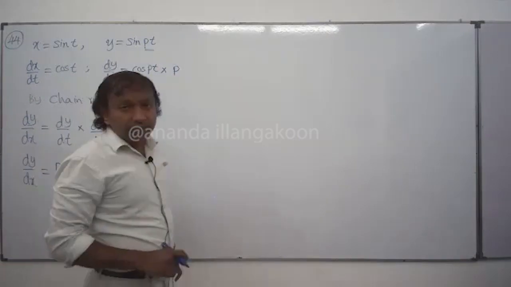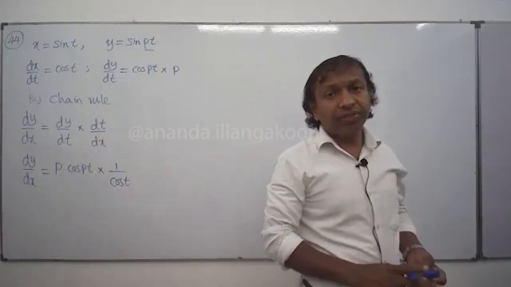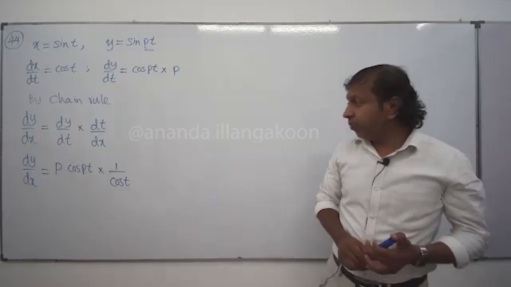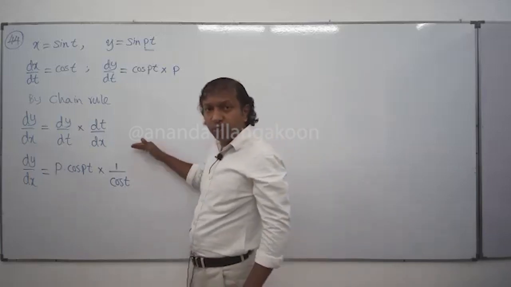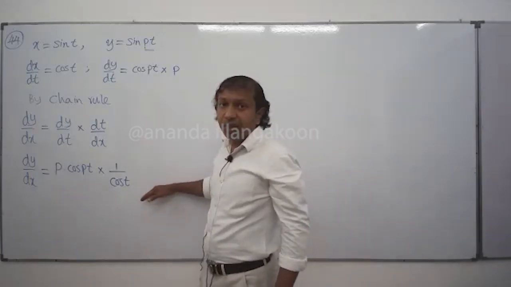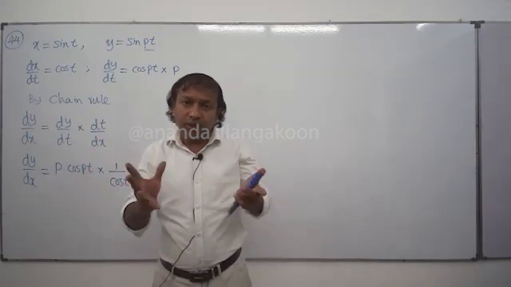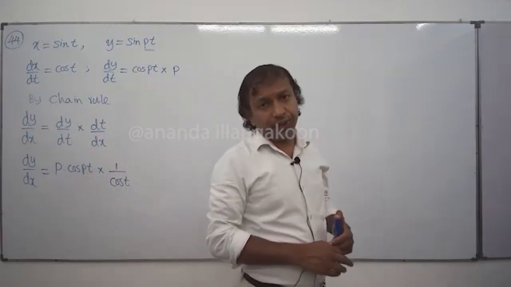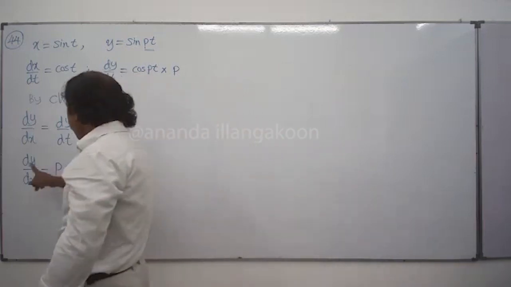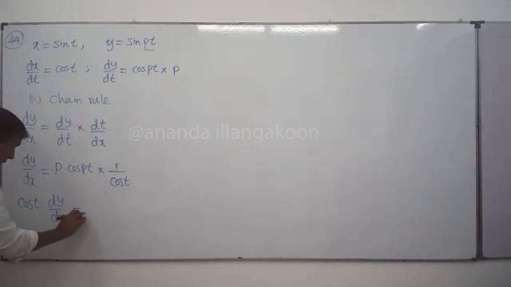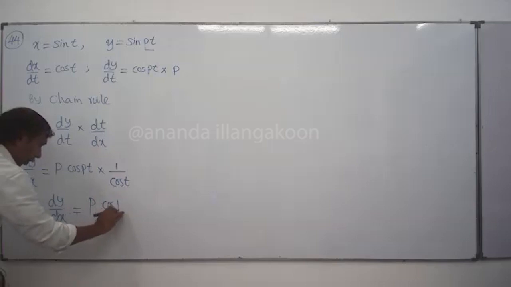Now the required answer contains a second derivative. That says we should differentiate this once more. The right-hand side is in u upon v quotient form, but usually we don't differentiate in quotient form. We use cross multiplication to convert it to product form and differentiate. So cross multiply by this cos t to this side: cos t times dy by dx is equal to p cos pt.